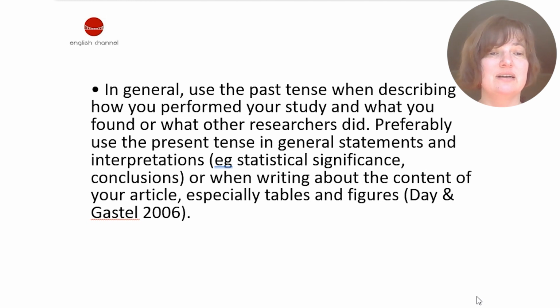And these guidelines give a clear answer to this question and recommend to use the past tense when describing how you performed your study and what you found or what other researchers did, and preferably use the present tense in general statements and interpretations. For example, statistical significance, conclusions, and so on. Or when writing about the content of your article, especially tables and figures.